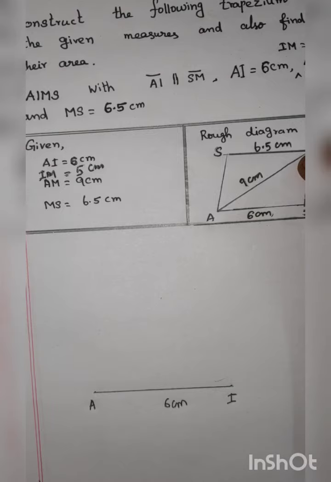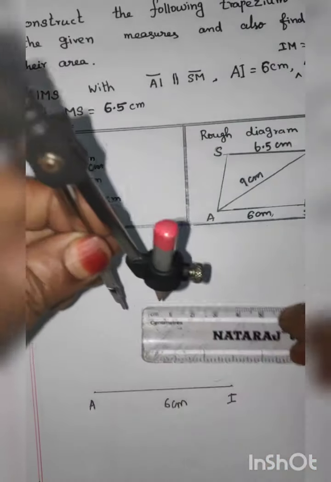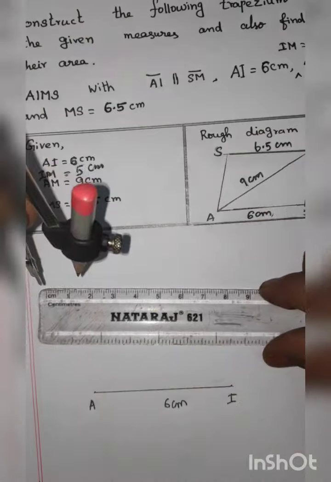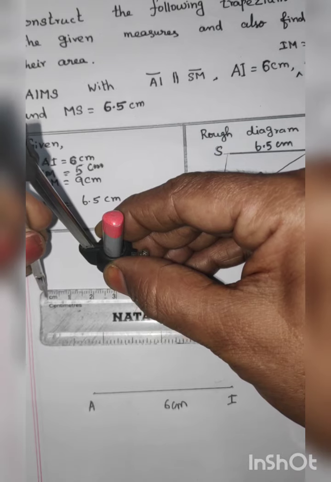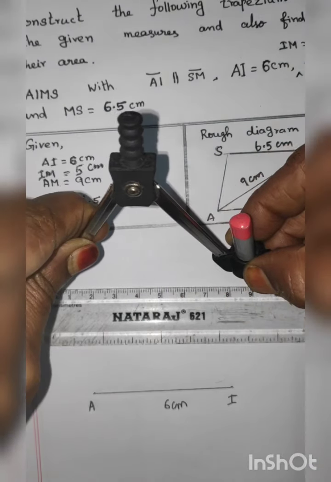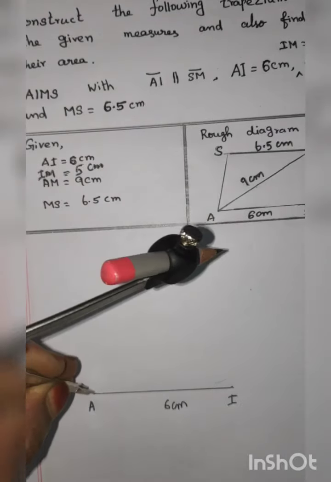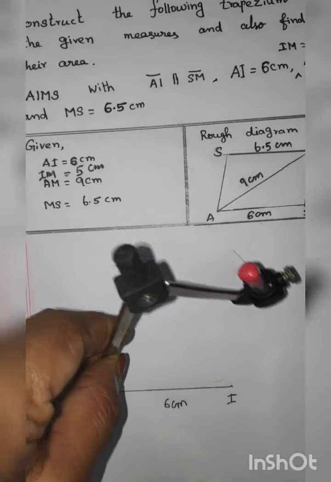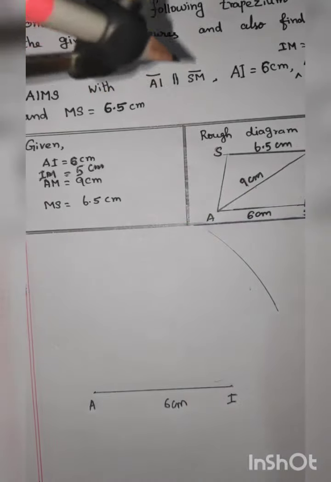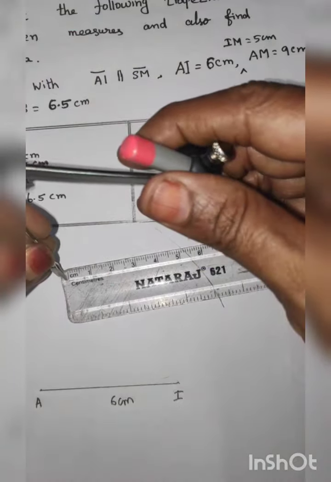Measure AM equal to 9 centimeter and IM equal to 5 centimeter. Using the compass and scale, measure first 9 centimeter. From A, you put the arc of 9 centimeter. Next, from the I side, measure 5 centimeter and cut the arc.